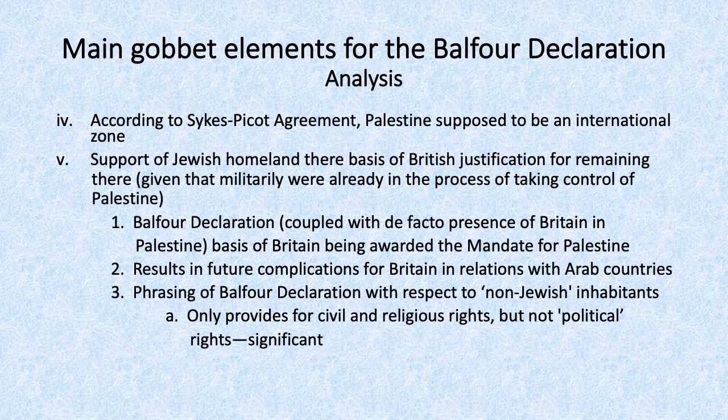So consider the fact that no mention is made of the political rights of the indigenous population, and consider that the indigenous population are referred to as the non-Jewish inhabitants. That is very important. There is no recognition that they actually constitute a national people of their own, the Palestinian Arabs, or even simply as Arabs.